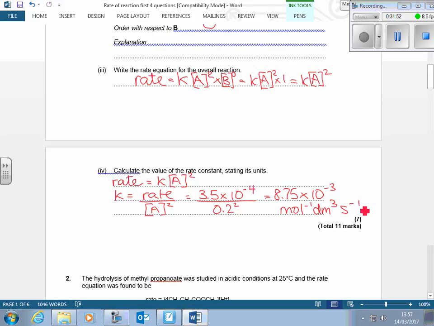The most ridiculous sort of contrived units, just to make sure that when you multiply that by moles per decimeter cubed squared, you are then left with moles per decimeter cubed per second.